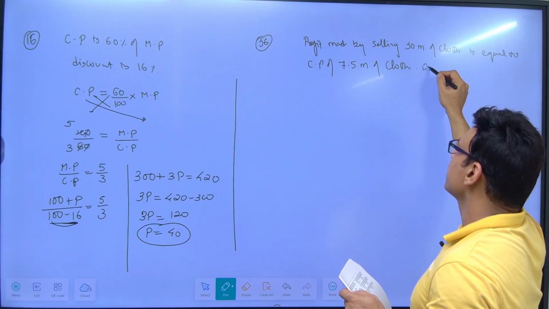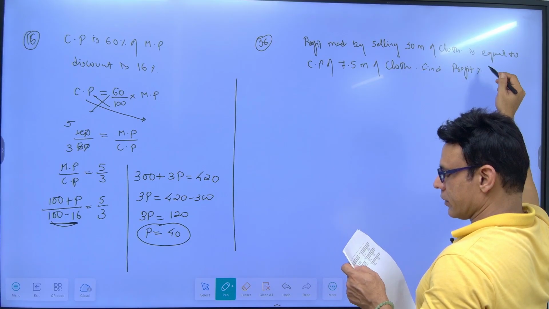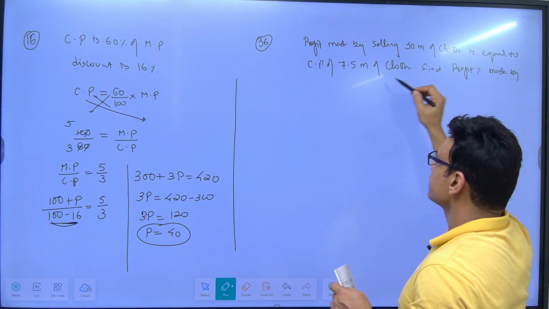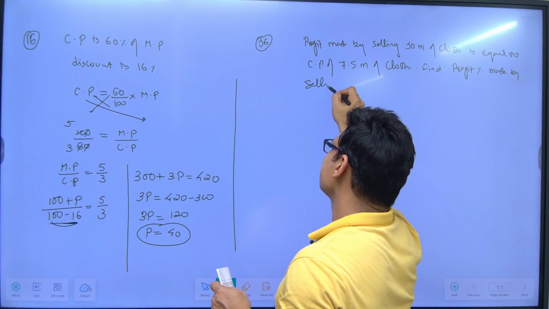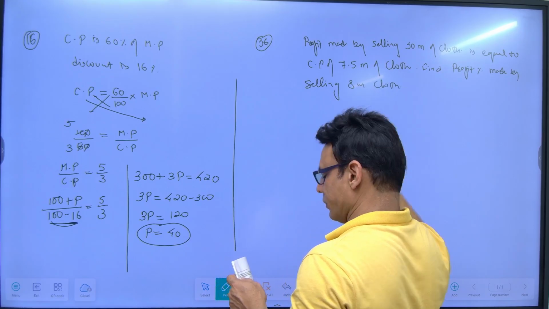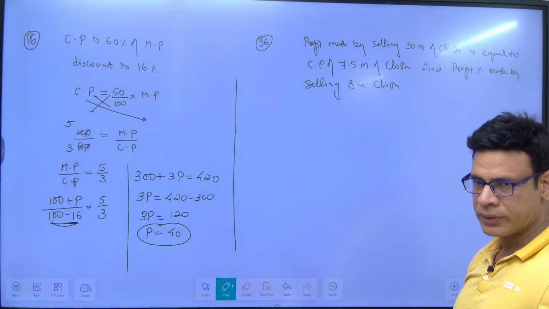Next part is: find the profit percentage made by selling 8 meters. Right? Let's try to solve this question.